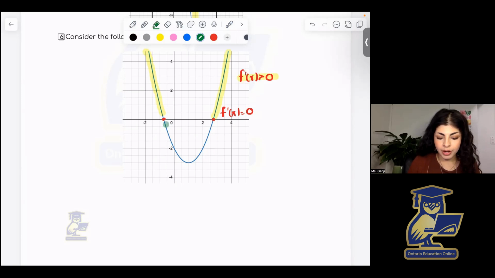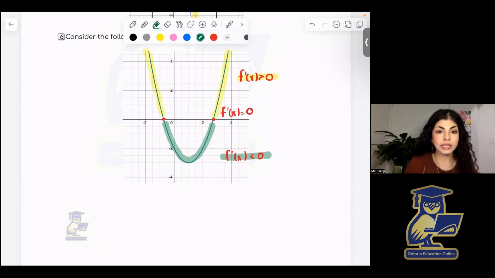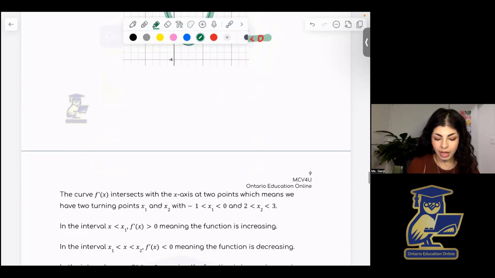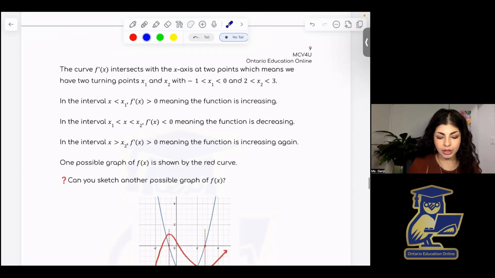And then for this interval here, we have f prime of x is less than 0. So we have a decreasing function here for this part of the interval. And that's exactly what I've written for you here. So between these intervals, we have that the function is increasing, and in this portion, we have that the function is decreasing. And again, for x is greater than x2, we have an increasing function again.